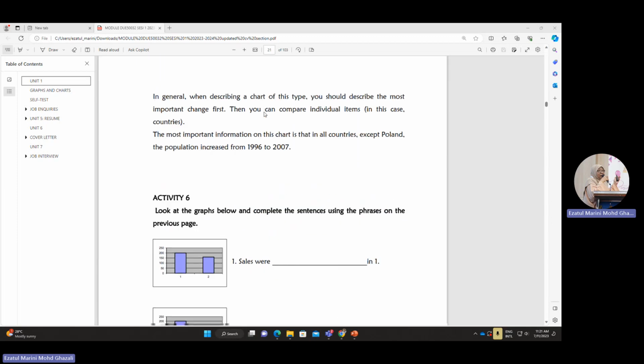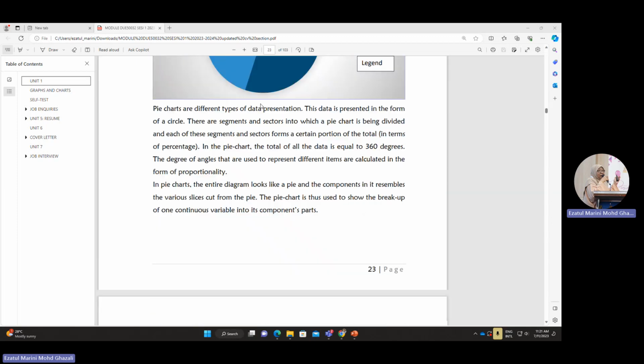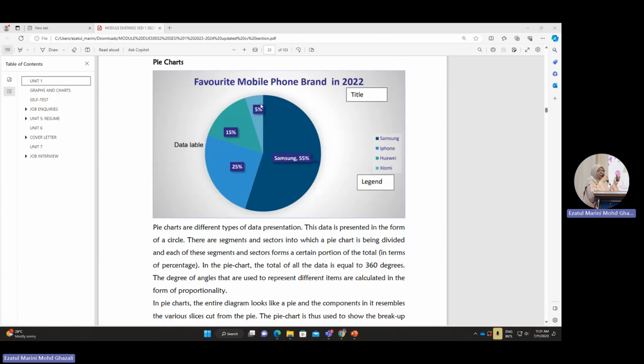And let's have a look at pie chart. Right, pie chart. Pie chart talks about parts of a whole. So if you look at the one shown in the screen, the title of the pie chart is favorite mobile phone brand in 2023. So we know that this particular pie chart talks about the favorite mobile phone in 2020.